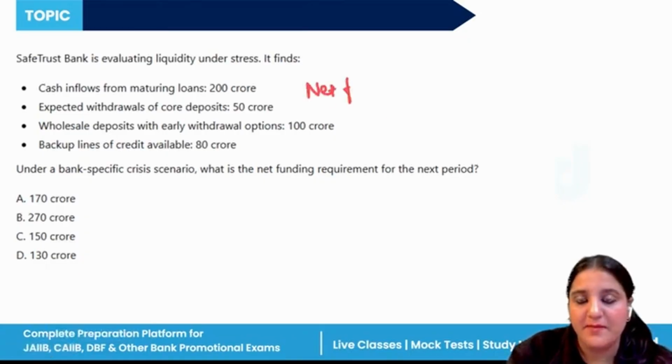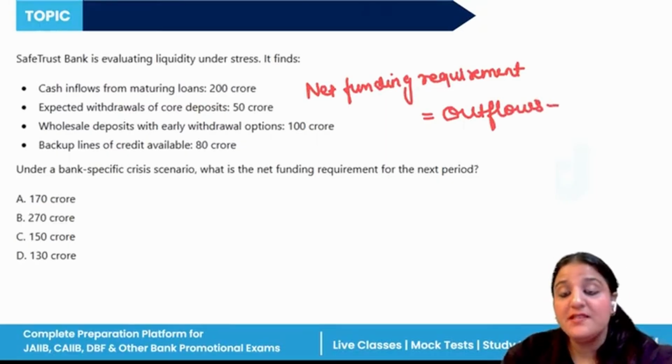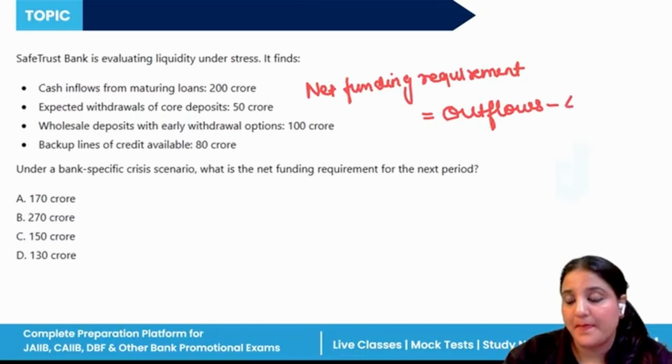Net funding requirement is equal to outflows minus inflows plus any type of contingencies.